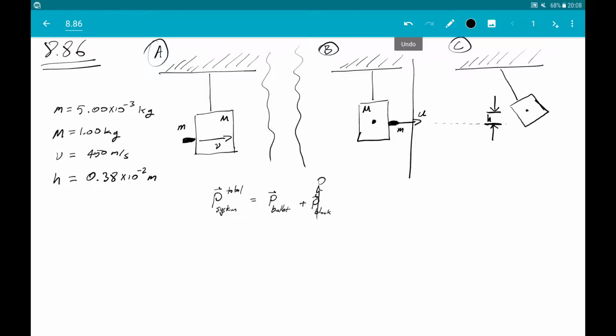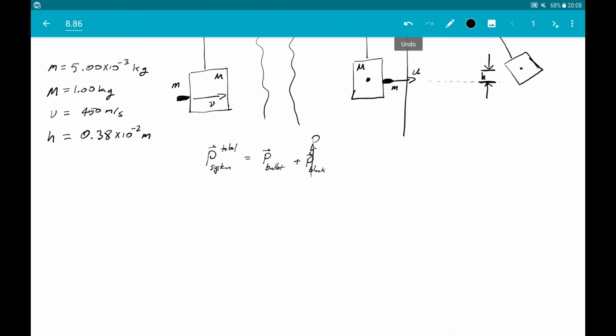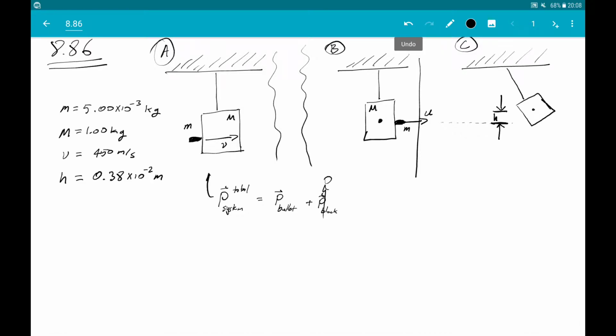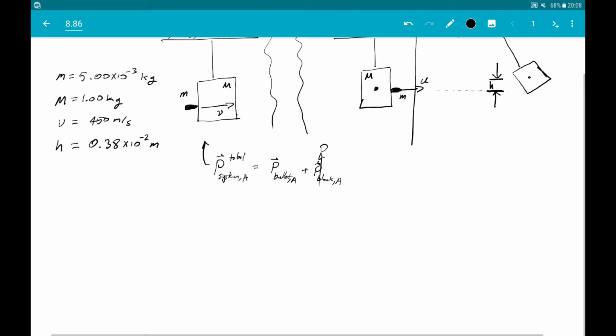The velocity of the block is 0 in state A. So system in state A, bullet in state A, block in state A. What is the momentum of the bullet? Little m, little v, i hat.